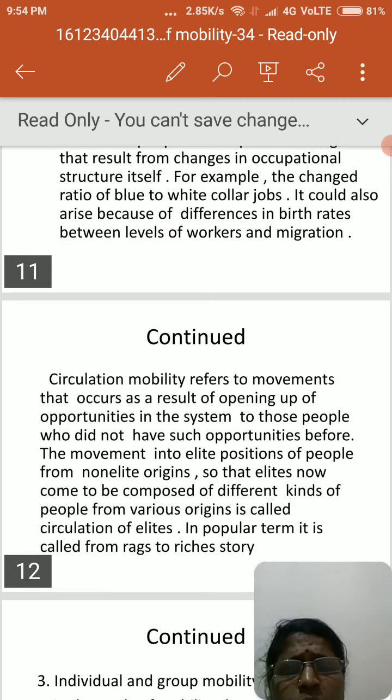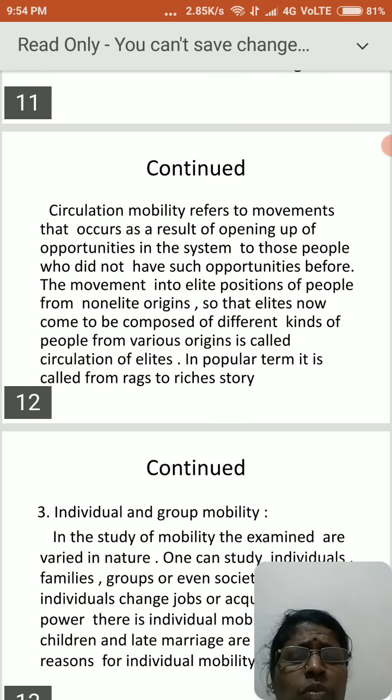And circulation mobility refers to the movement that occurs as a result of the opening up of opportunities in the system to those people who did not have such opportunities before, and the movement into elite positions of people from non-elite origins, so that elites now come to be composed of different kinds of people from various origins.